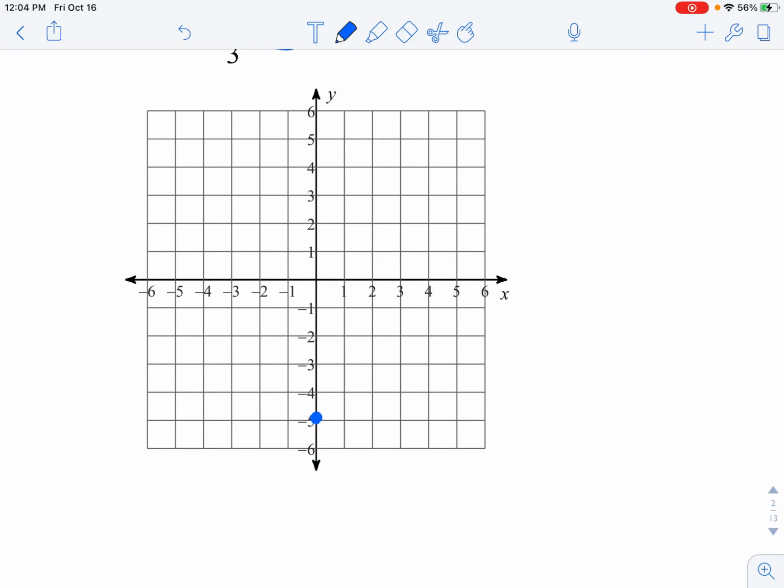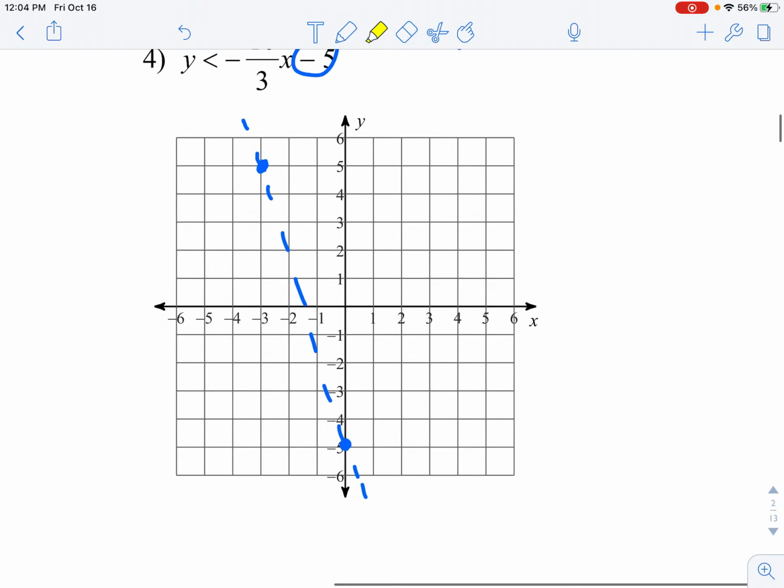I can go up 10. 1, 2, 3, 4, 5, 6, 7, 8, 9, 10. And then backwards 3. And that would have the same result as going down 10 and over 3. Gives me the same slanted line, but this time I need to draw it as a dotted line instead of a solid line. Now as you can see, this creates a lower side / left and an upper side / right.